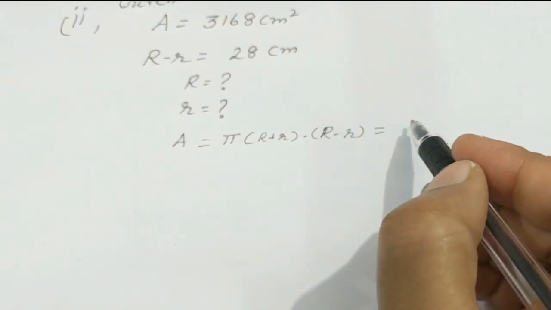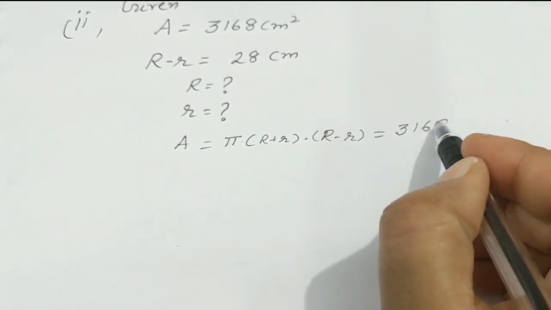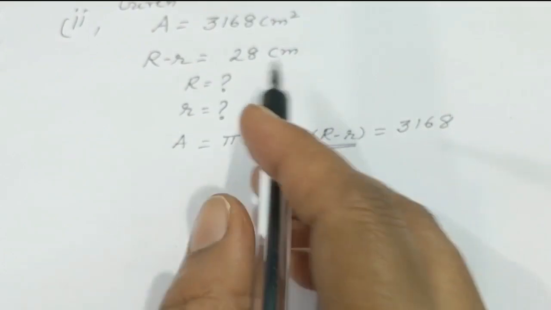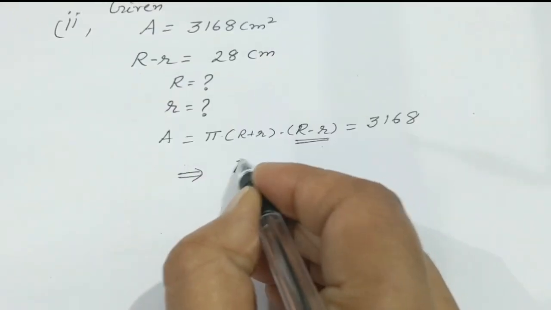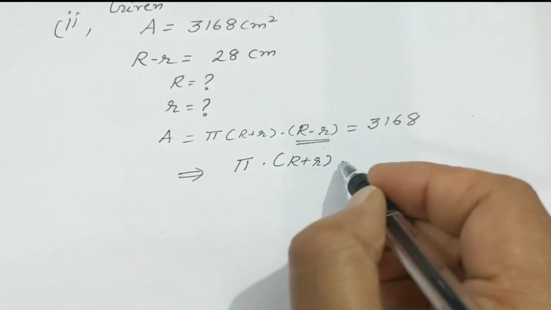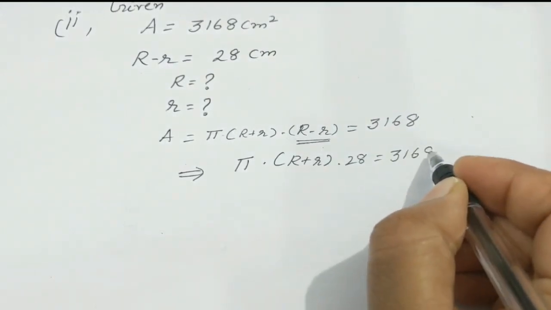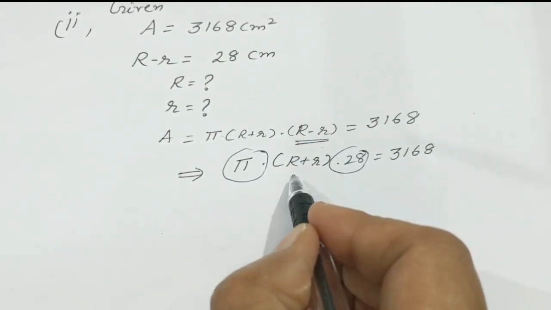So let's substitute the value here: 3168. Now what is the difference of the two radii? 28. Put the value here. So it implies pi into (R plus r) into 28 equals 3168. Transpose these two to the other side to get the sum of the radii.